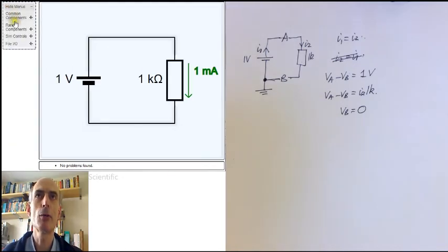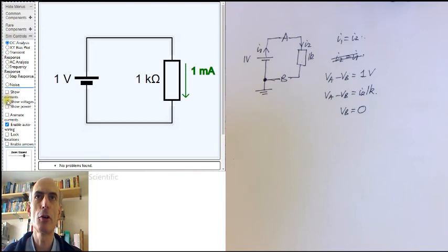I could find out which one it's picked by turning on show voltages, and it's made the sensible choice that the negative terminal of this battery is at 0 volts and the positive terminal is at 1 volt. But it's purely an arbitrary choice. It could have picked this node as being at 0 volts, then this node would have been at -1 volts. Everything would have worked out just the same.